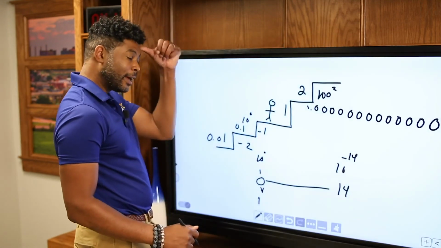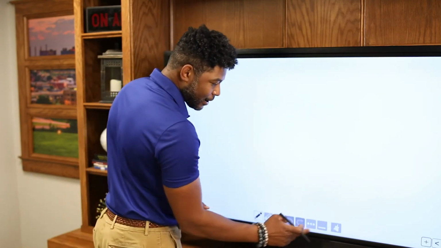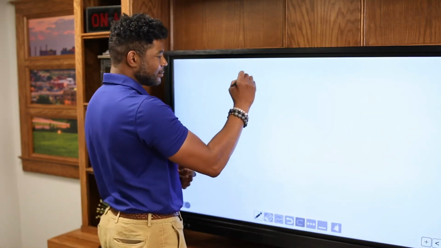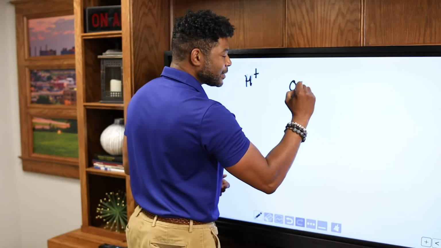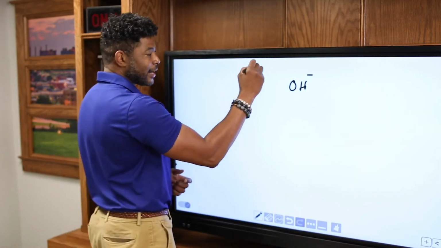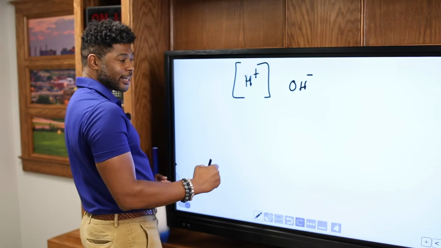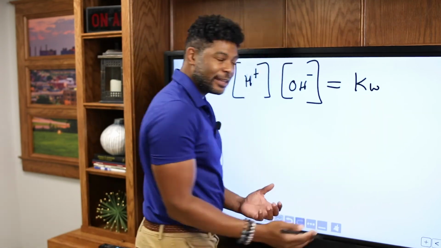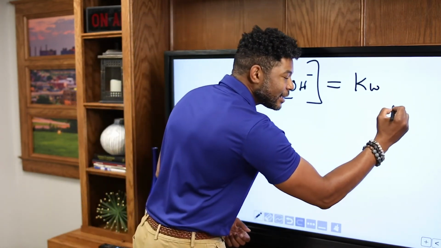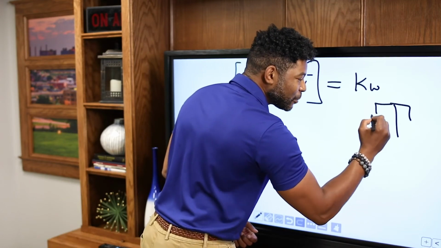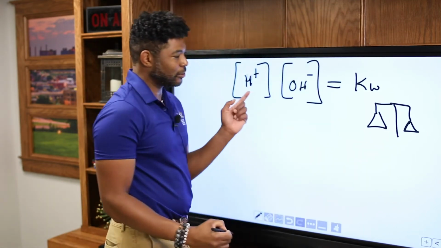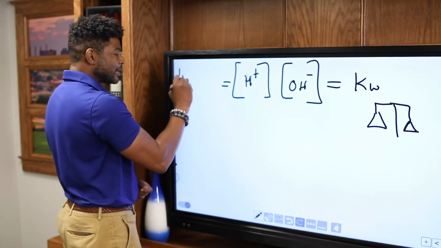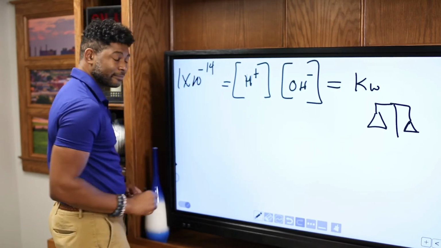If water has just as many H+ as OH-, then what we're saying is that if I take the concentration of H+ and the concentration of OH-, I'm going to get this little balance, this scale, that technically will have on both sides equal amounts of my two ions. That number is equal to 1 times 10 to the minus 14. All right?